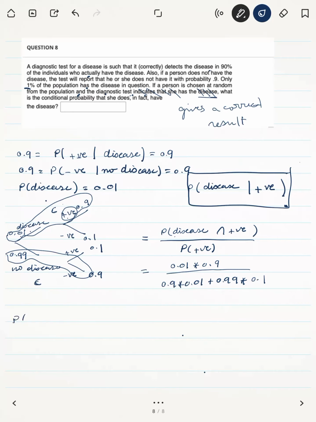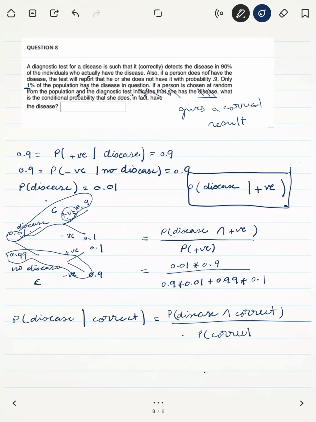So in this case, I'm going to write what's the probability of having the disease given that the test is correct. So this means I need to find the probability of disease and correct, divided by the probability of being correct.